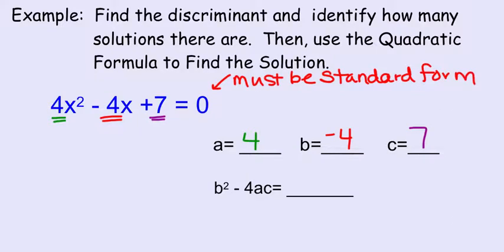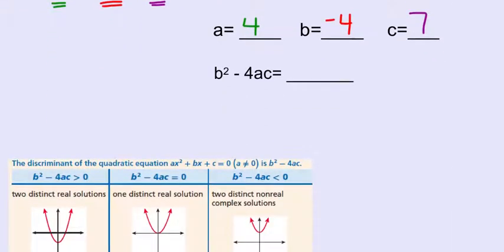So now I'll go ahead and just plug it into the discriminant. That's what's underneath the radical in your quadratic formula. So b squared, so -4 squared, minus 4ac.